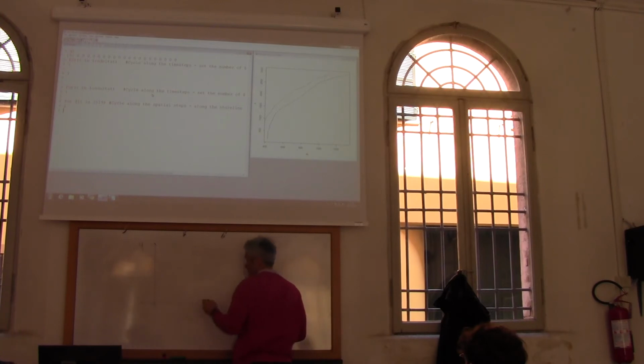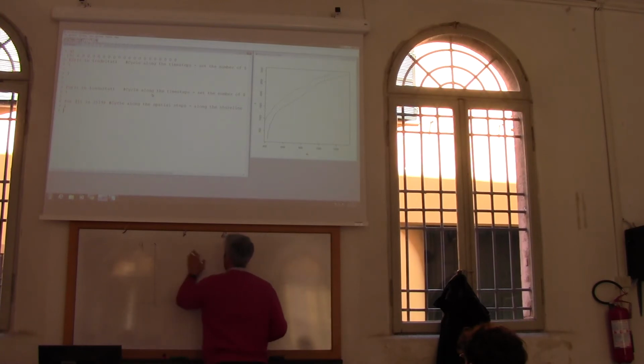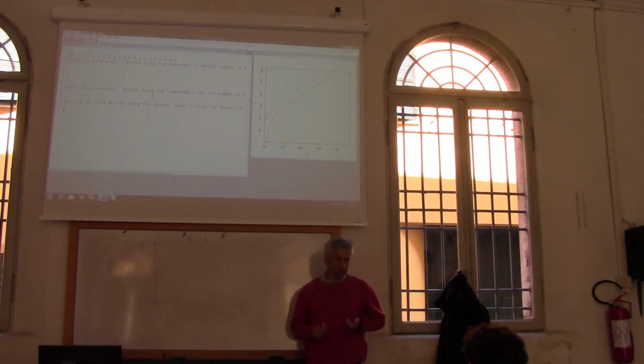Let's suppose that we are, and we indeed are, at t equal 1. At t equal 1, we have the initial morphology of the shoreline.